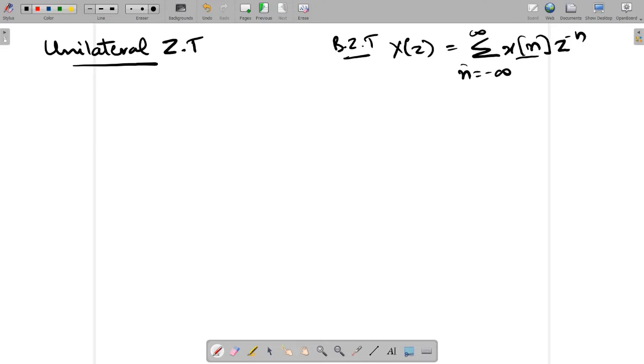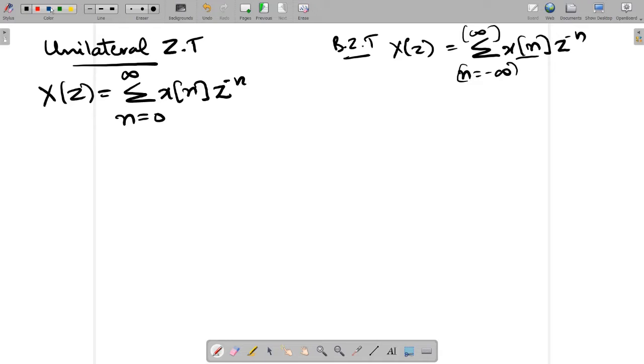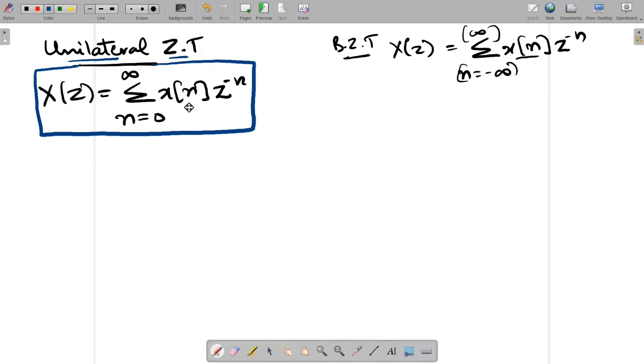So what is the unilateral Z transform? x of z is equal to summation n is equal to 0 to infinity of x of n z to the minus n. Alright, so what is the specialty of the unilateral Z transform? That your n is from 0 to infinity. In bilateral it was from minus infinity to infinity. That is the only change.